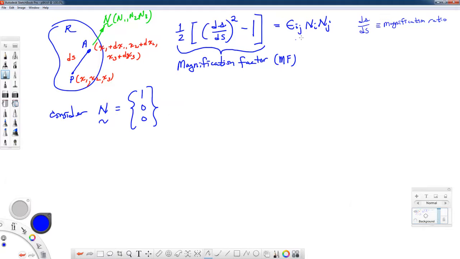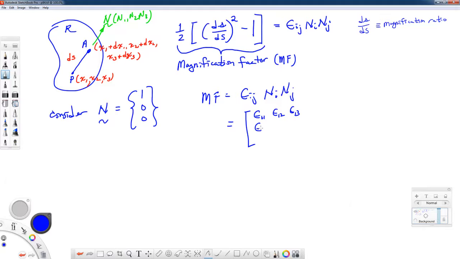Now again, we're using both of these being the same vector. I'll give you a hint coming up. We're going to take a look at shearing strains very soon, in which case those two n unit vectors are going to be different vectors. Right, but right now we're going to take both of them the same. It's equal to 1, 0, 0. So our magnification factor, we said, was equal to epsilon ij n_i n_j. Now we can write this out by our index notation using our double summation. But let me show you how you can do this pretty quickly using matrix notation.